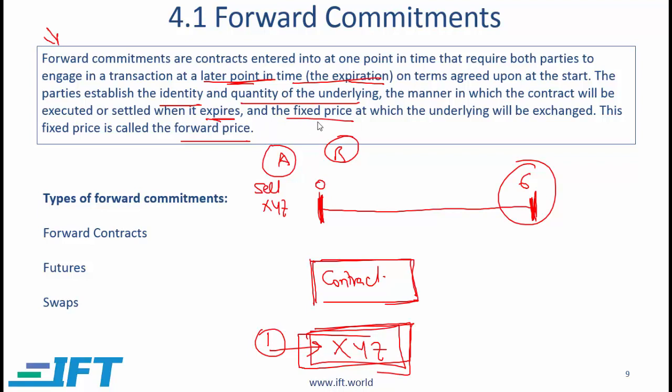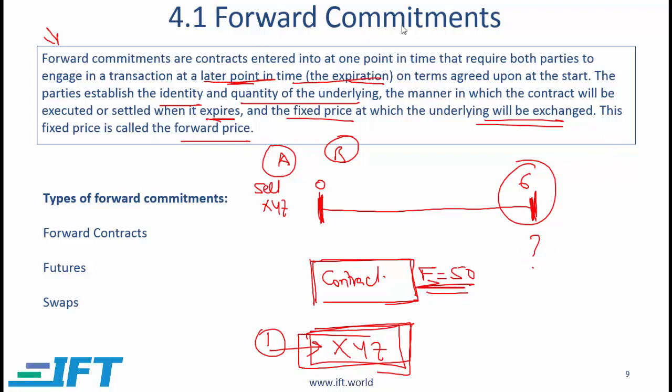The fixed price at which the underlying will be exchanged: this contract also needs to specify the fixed price. If that fixed price is 50, that means that A will sell for 50, B will buy for 50, regardless of what XYZ is worth over here. And again, this price is called a forward price.